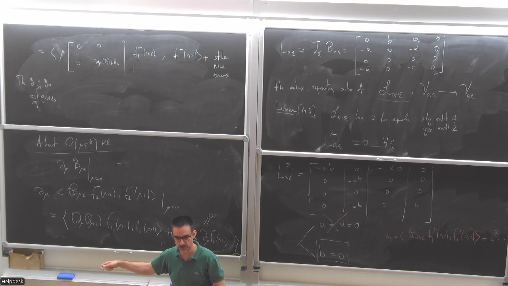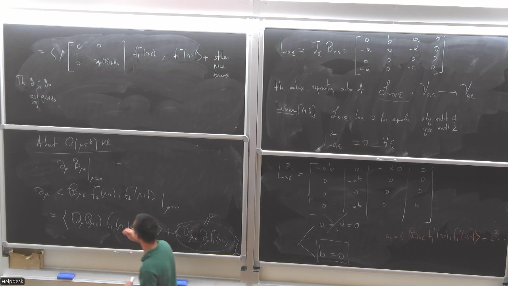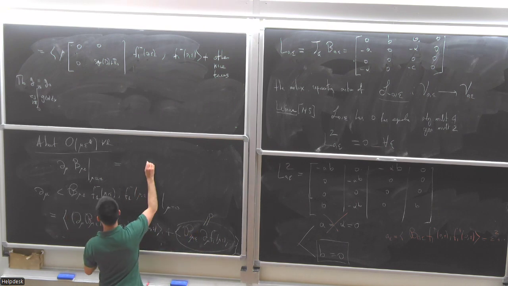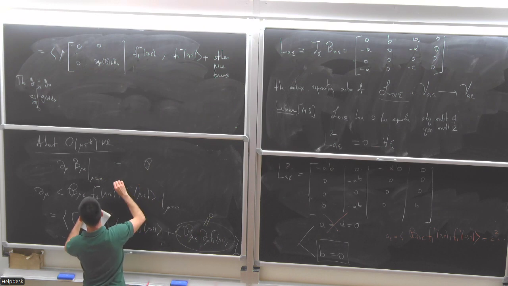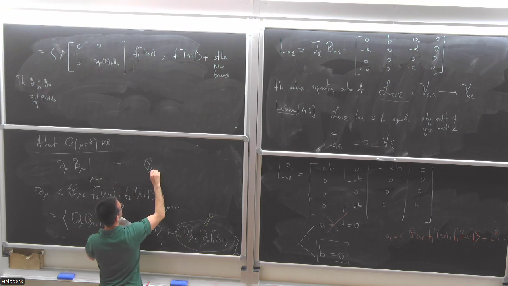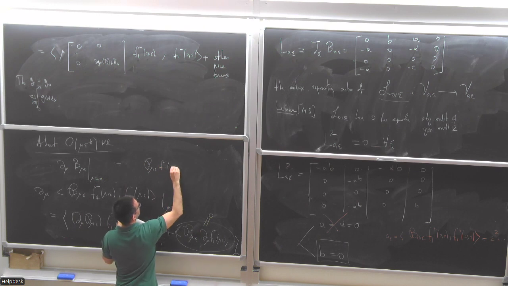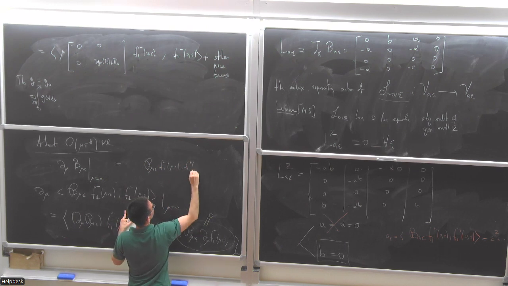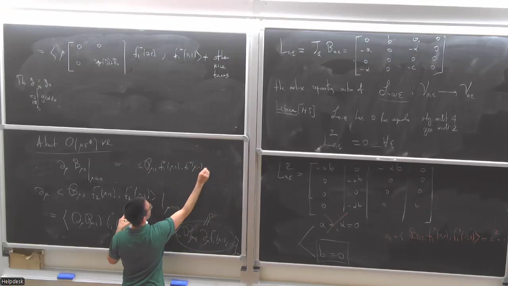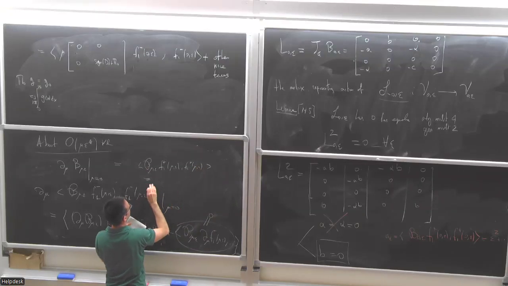times mu. When I do the Taylor expansion of this element, P mu epsilon F, in mu, so what do I get?